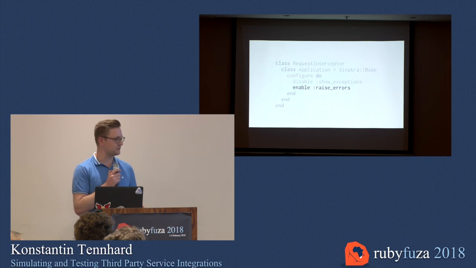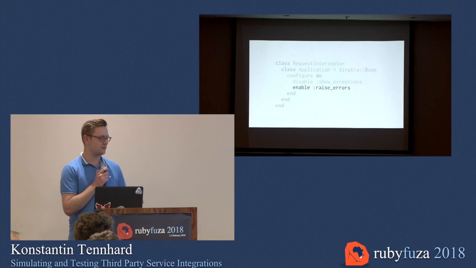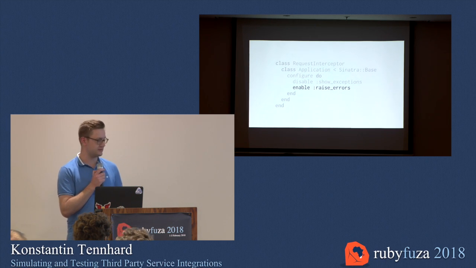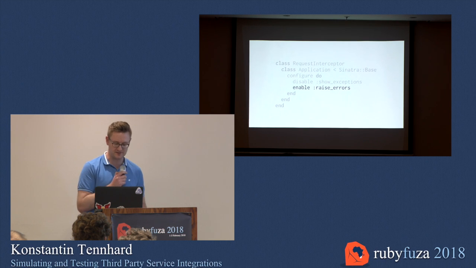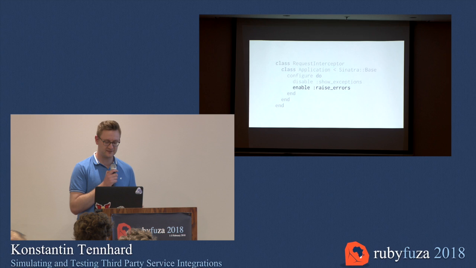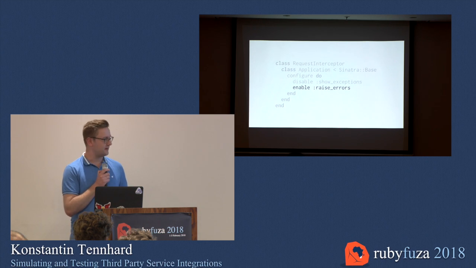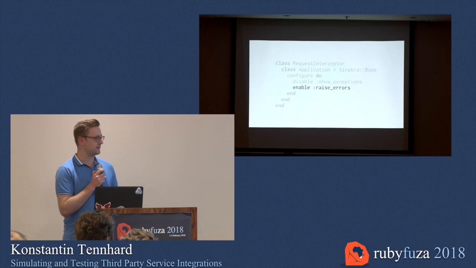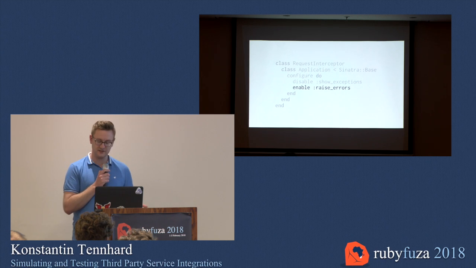And that's perfect for when Sinatra runs, for instance, within a Rails application, because you want to have the Rails application take charge of the exception handling. But we are really leveraging this fact to have the error actually bubble up into our application layer, where we can now see if our application is resilient against, for instance, the host being not available.